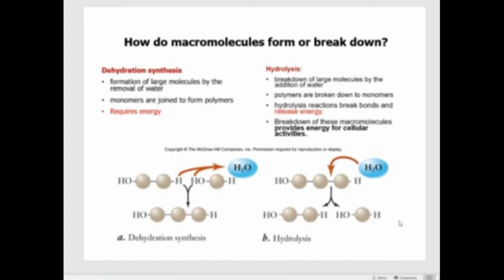So this is how you can break things down. Now, this process releases energy because whenever you break a chemical bond, you're releasing the energy stored in that chemical bond. So when we break down macromolecules, the big molecules, polymers, to smaller molecules, you're releasing energy.